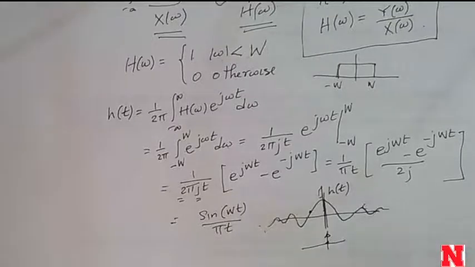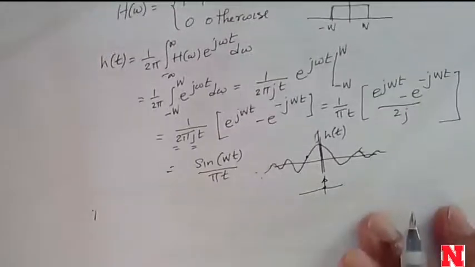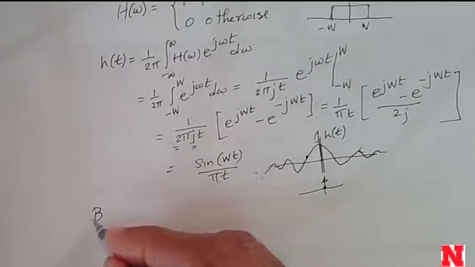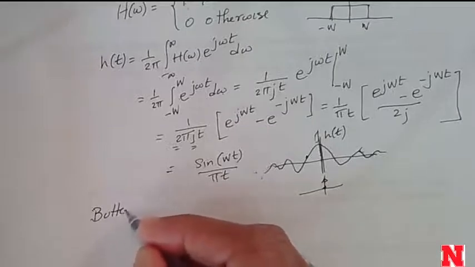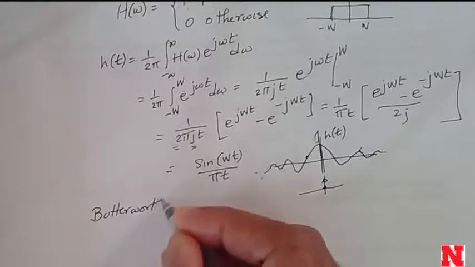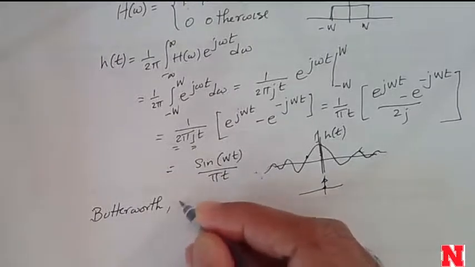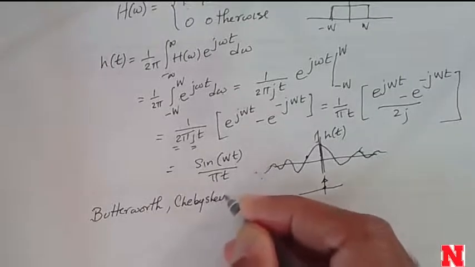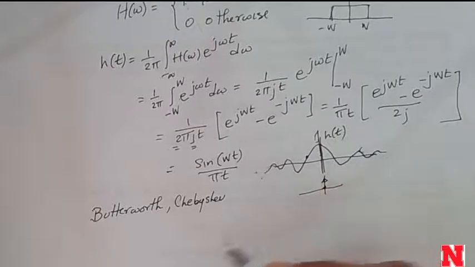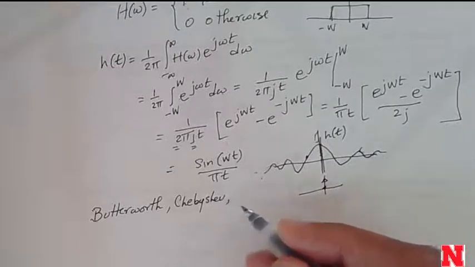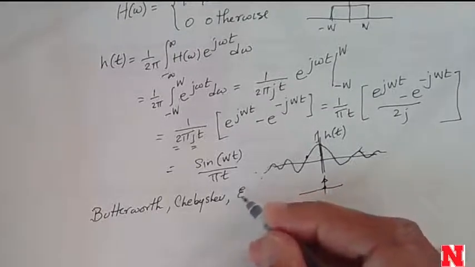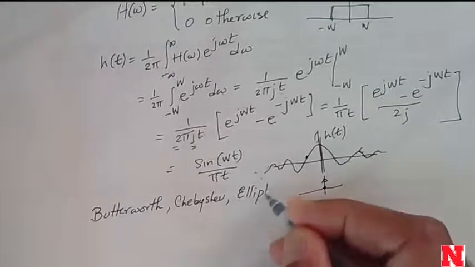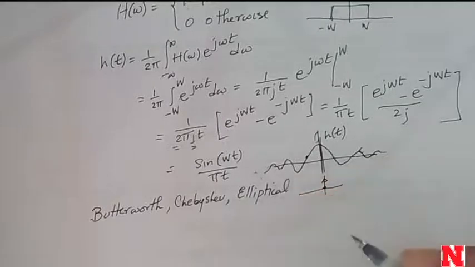What can you get? Well, there are a number of different filter types, and we won't go into that, but there are Butterworth filters. And people have been doing this for ages. There are also Chebyshev filters. There are multiple kinds of Chebyshev filters, type 1, type 2. There are elliptic filters, and each one of them has its own positives and negatives.